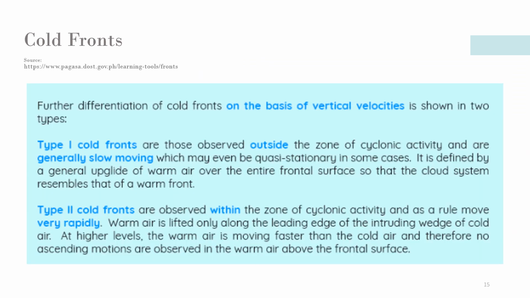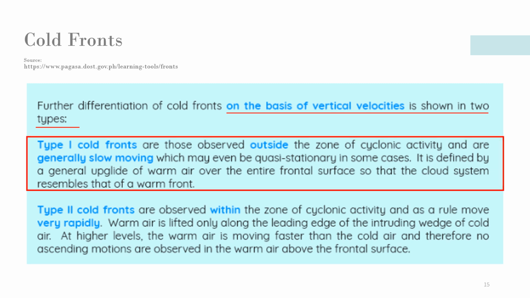So for the cold fronts, this is actually sourced from Pag-asa, or the Philippine Atmospheric, Geophysical, and Astronomical Services Administration. Accordingly, there is a further definition of cold fronts on the basis of vertical velocities that is shown in two types.